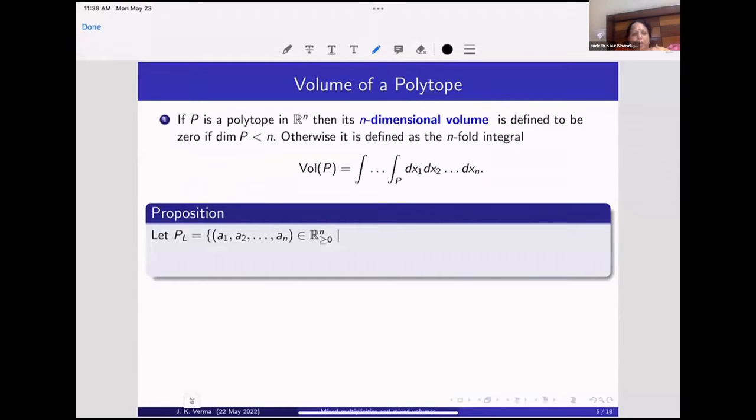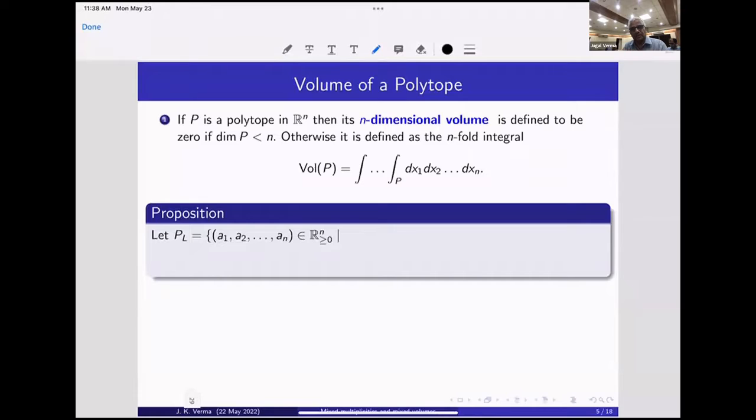Dimension of a polytope is defined as a hyperplane in which it lies? No. It's a topological space in the Euclidean space, and the usual notion of dimension. One can also do it the linear algebra way.